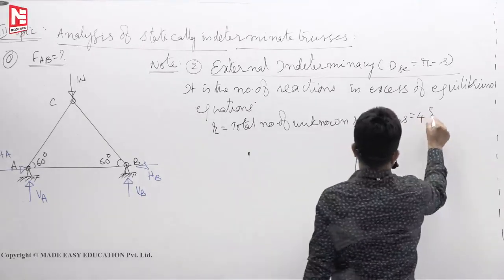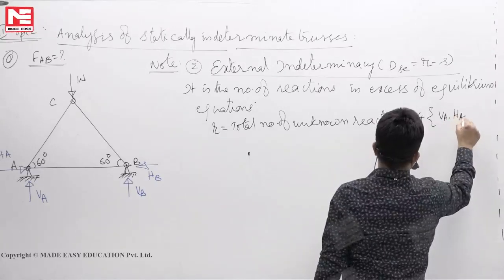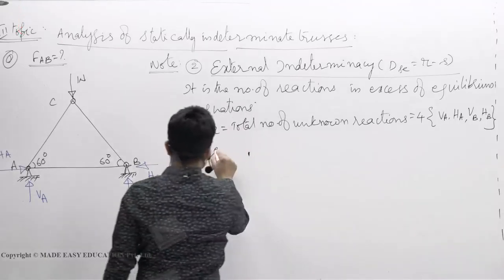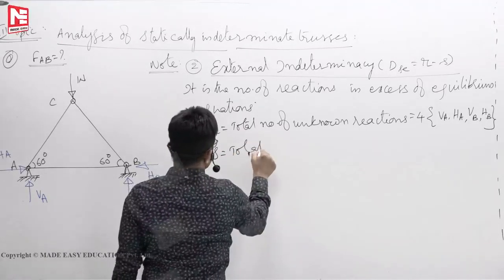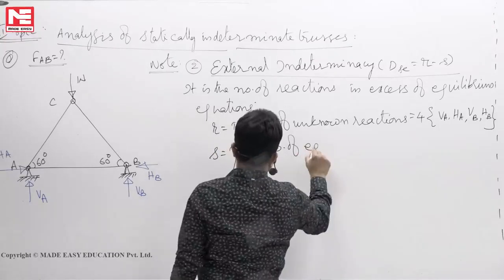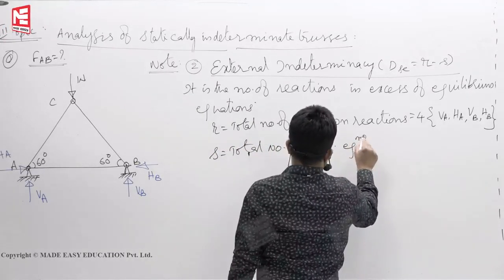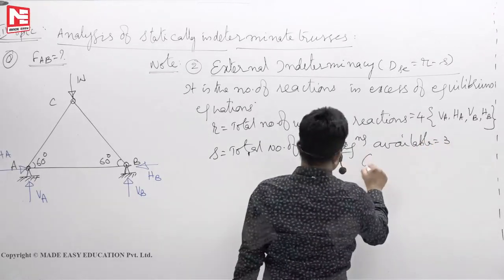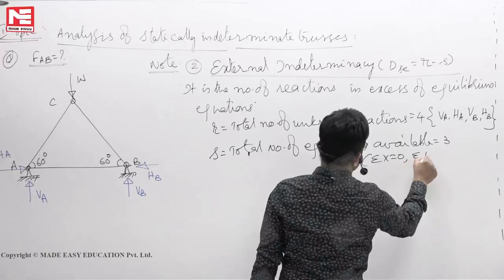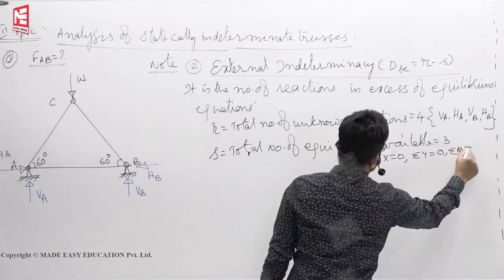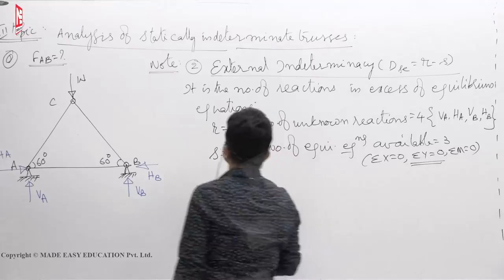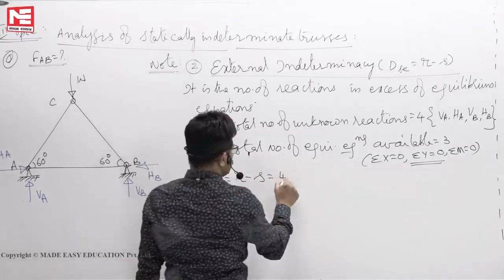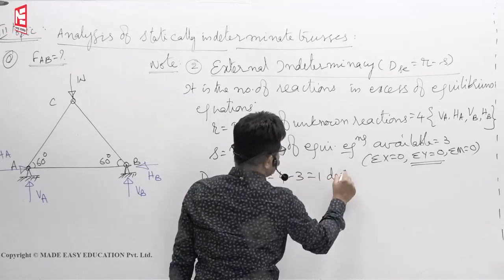In this problem, you have 4: VA, HA, VB, HB. S is the number of equations of equilibrium available. Total number of equilibrium equations available are only 3: sigma X 0, sigma Y 0, sigma M 0. So now in this case, external indeterminacy DSE is equal to R minus S, 4 minus 3, you will say 1 degree.